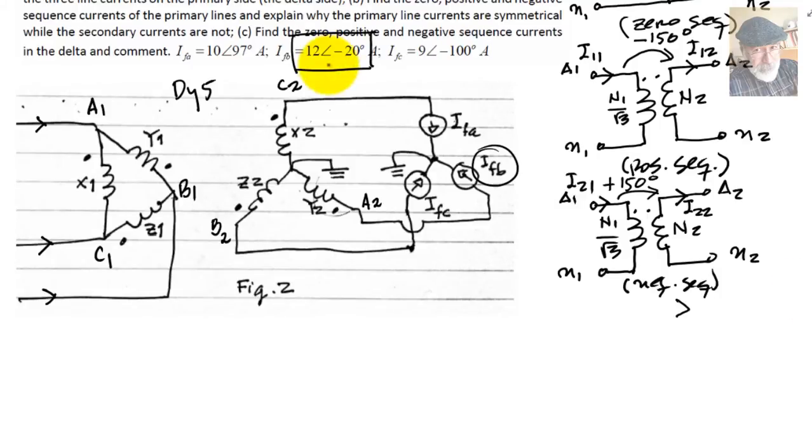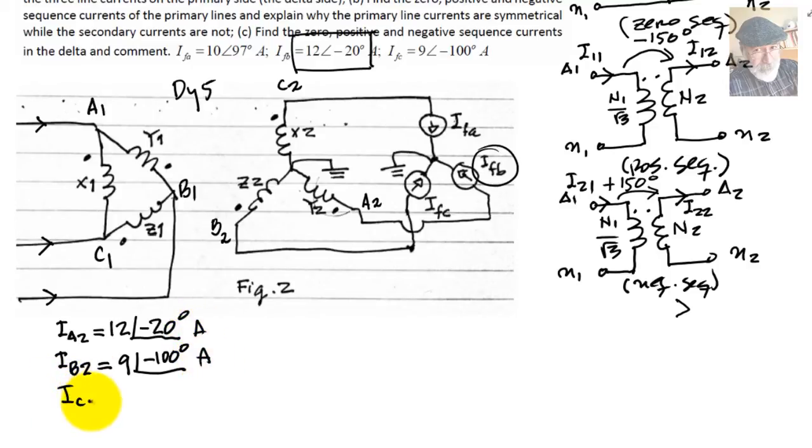We say the three currents are: the current for phase A of the secondary is 12 with negative 20. The current B for the secondary would be this one, 9 with negative 100. And those are amps, of course. And phase C of the secondary, this current up here, is 10 with 97 degrees.